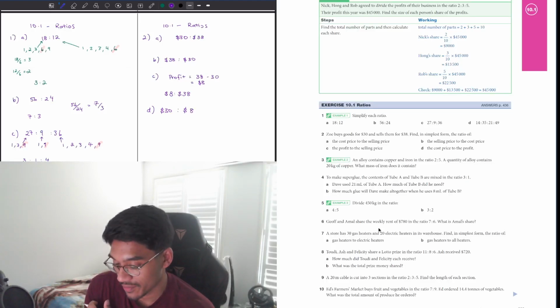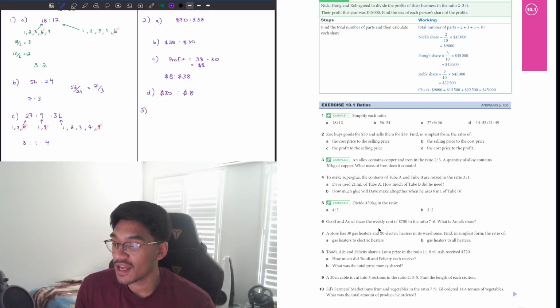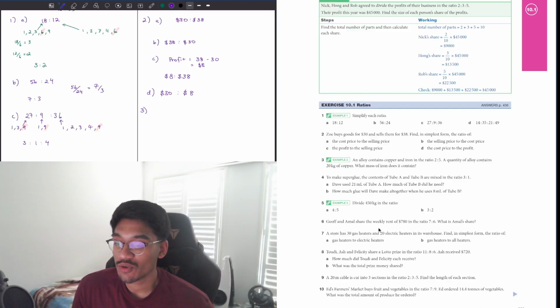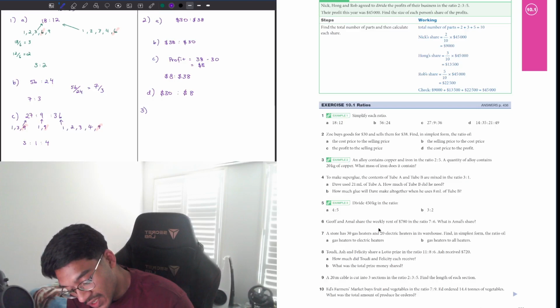Next is question 3. Question 3 says, an alloy contains copper and iron in the ratio 2 to 5. A quantity of alloy contains 20 kilos of copper. What mass of iron does it contain? So, we know an alloy has got copper to iron.